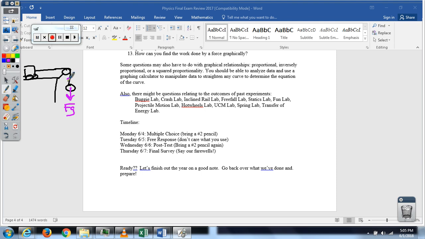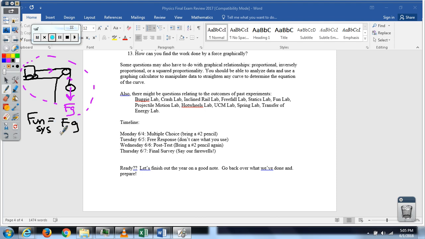The tension is equal throughout, so the tension here cancels with the tension there. So the net force of the system, so we used the F net for the system, was Fg of the hanging mass.